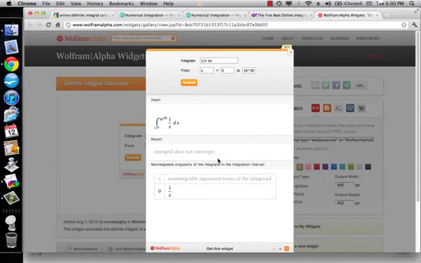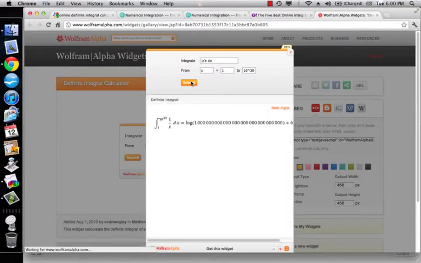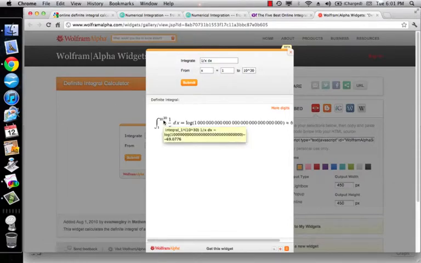Let's go to 1. Okay, so it gives me the log of 10 to the 30th. As long as I put larger numbers in for this, I'm going to get a larger number out.